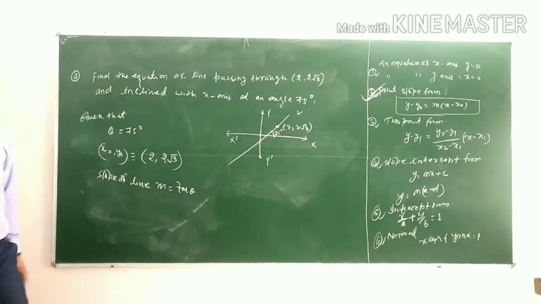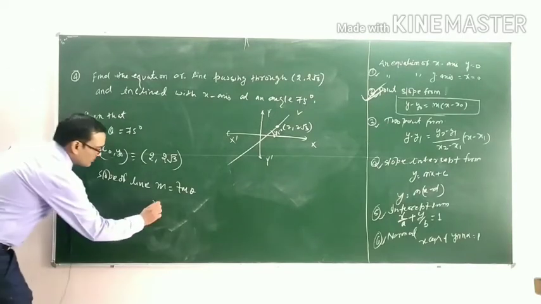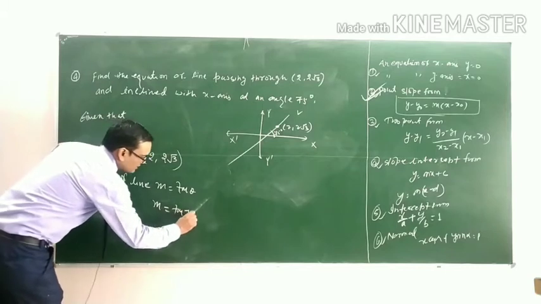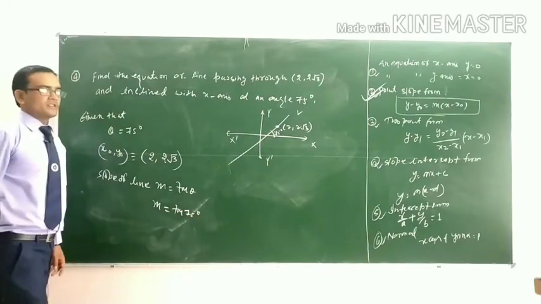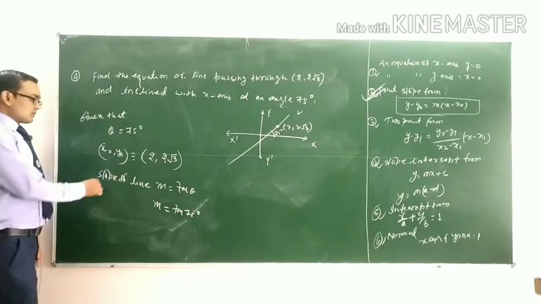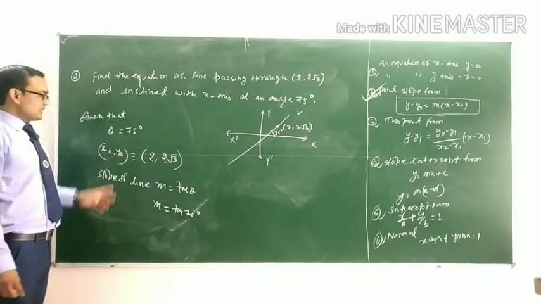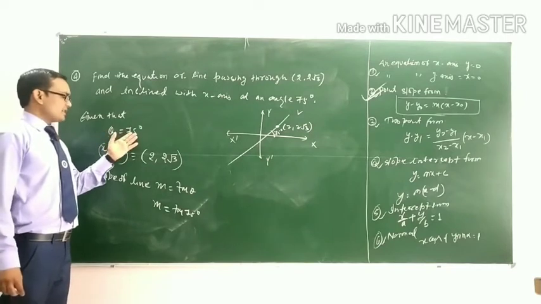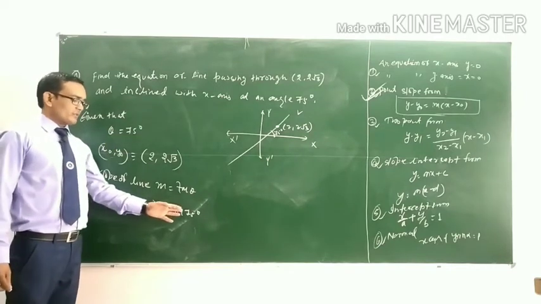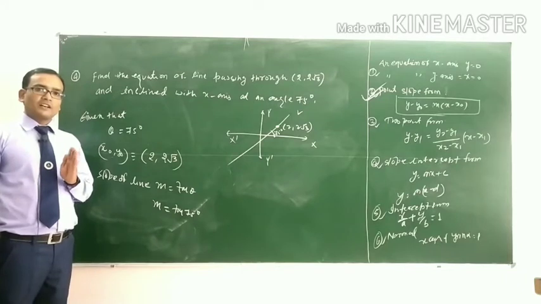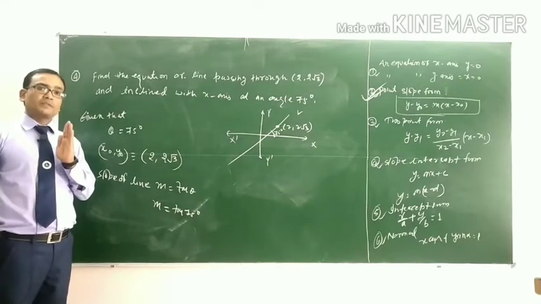Here theta equals 75 degrees, so m equals tan 75 degrees. We find the value of tan 75 degrees.